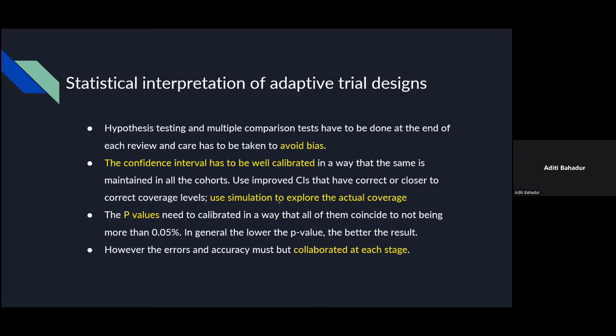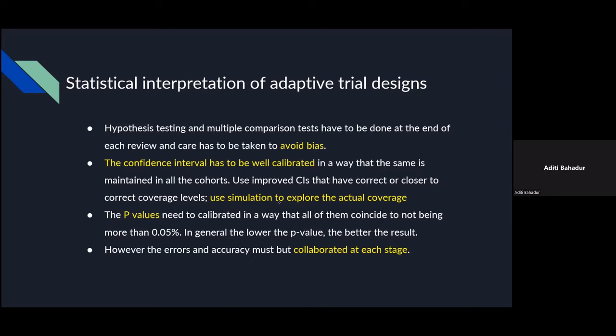And after we are done calculating the results of the data that we get at each stage, we should also make sure we recalibrate them and understand what the standard error is and what the accuracy is, because that can also give us a lot of information about whether there's been any sort of tampering with data.